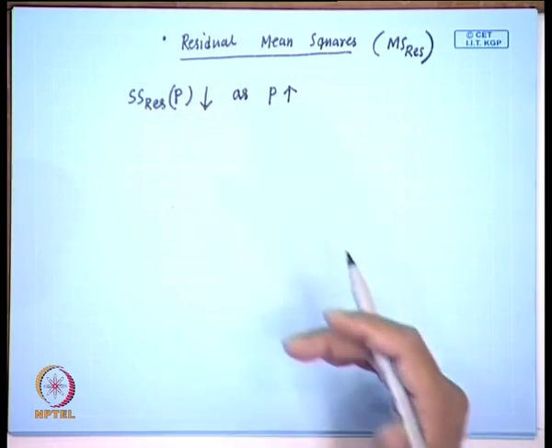MS residual may increase if you increase the number of regressors also. That is what we observed in the last class.